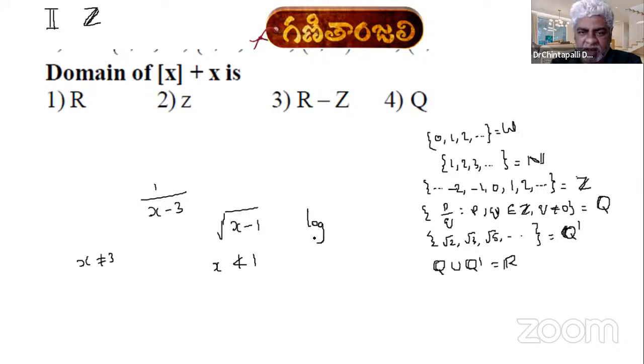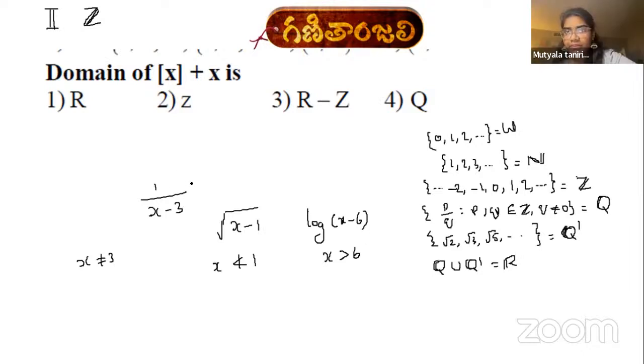If it is log of x minus 6, we will say x must be greater than 6. These kinds of functions have restrictions. These functions are not defined at some particular values of x.